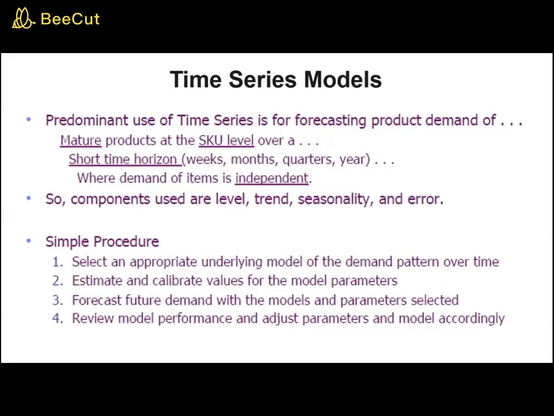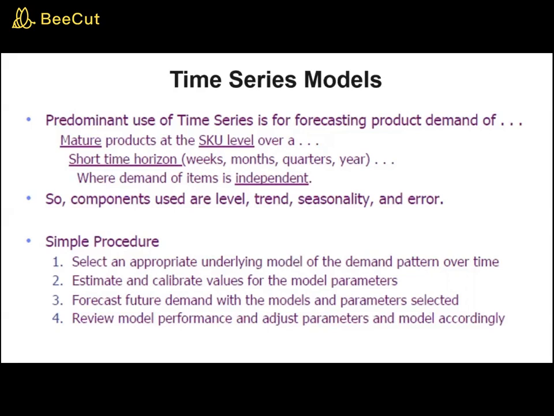So you can't use time series analysis in that situation. However, if you are just forecasting for motorbikes, then you can use time series analysis because it is an independent product.